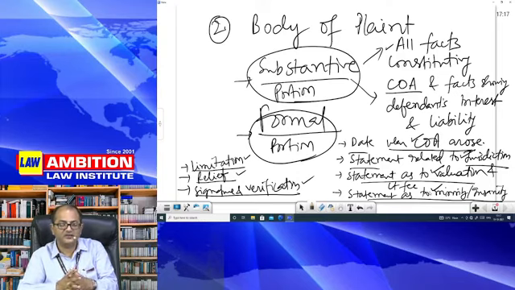I spoke even yesterday about car accident and injury to body, and some people started questioning that because perhaps they do not have clarity on that. Cause of action is basically a bundle of facts on the basis of which you pray for a claim. So in a car accident, the damage to the car has a different kind of fact situation, and the injury to body has a different kind of fact situation.